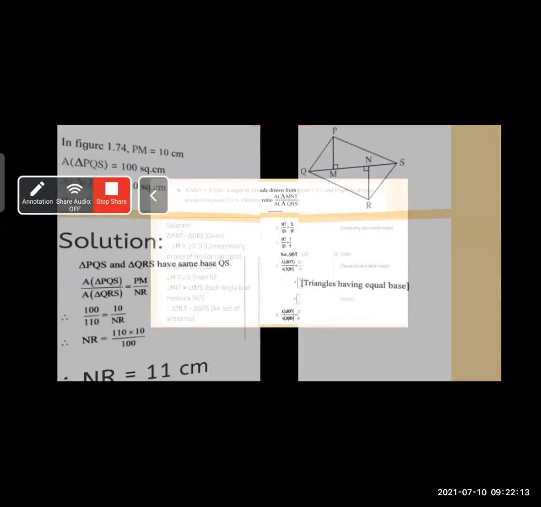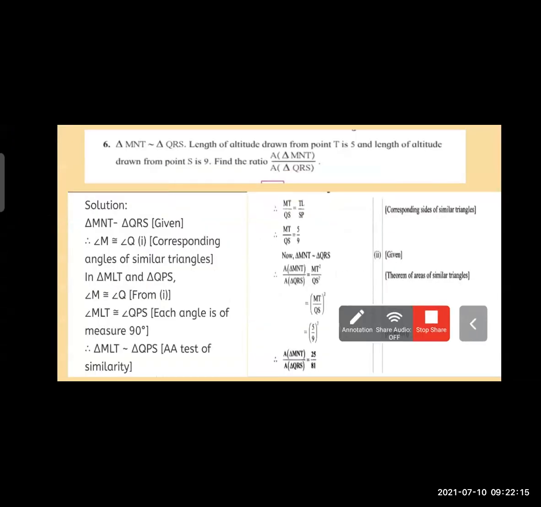Question number 6. Triangle MNT similar to QRS. See student, triangle MNT similar to QRS, and the length of the altitude drawn from the point T is 5 centimeter and the length of the altitude drawn from the point S is 9.